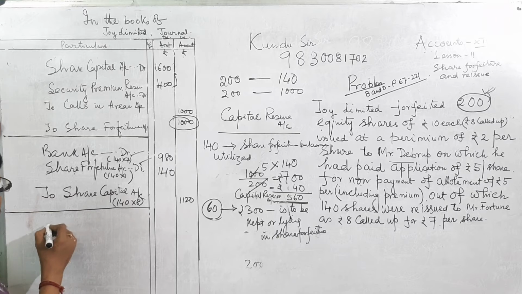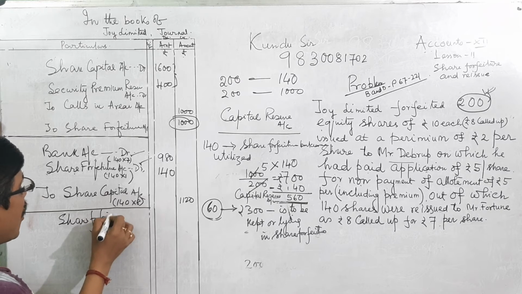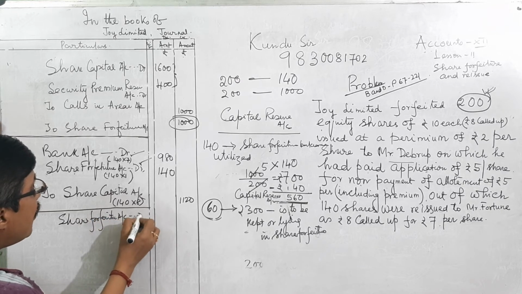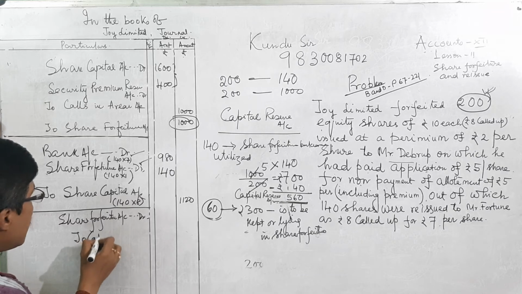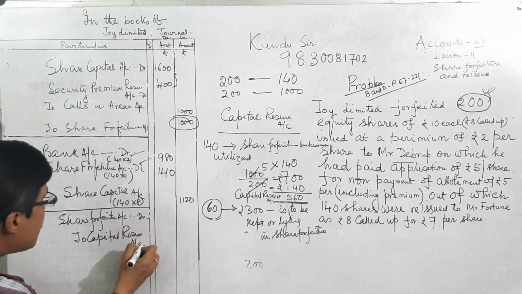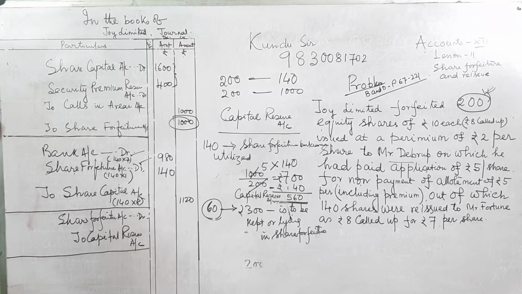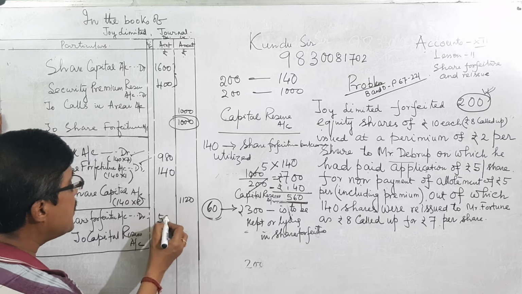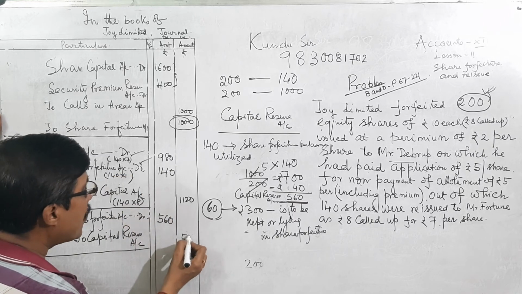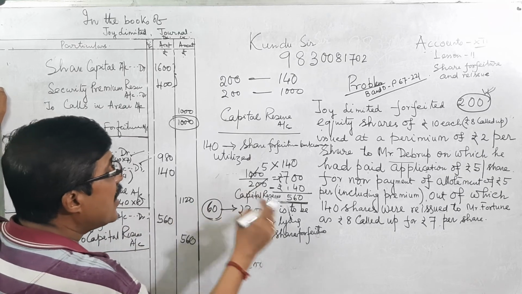That is why share forfeiture account debit to capital reserve, that is the benefit out of 140 forfeited shares as and when they are reissued. After reissuing, the benefit is 560 related to 140 shares, and the rest portion 300 is still lying.